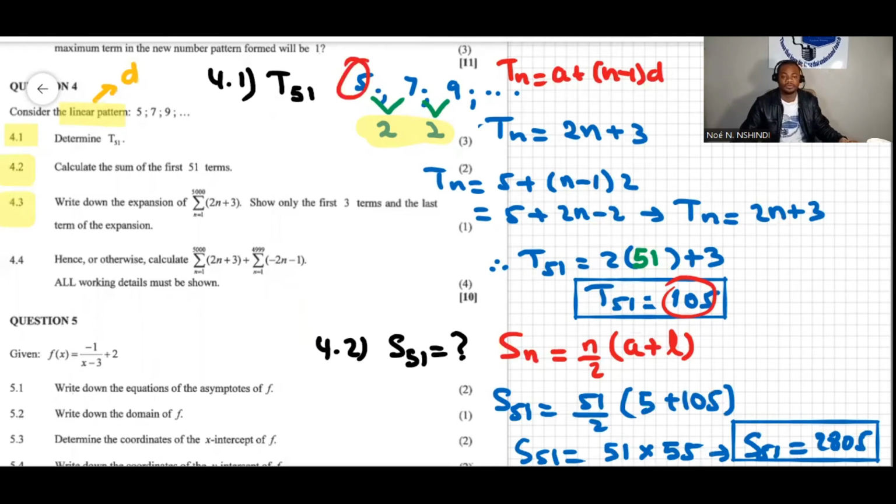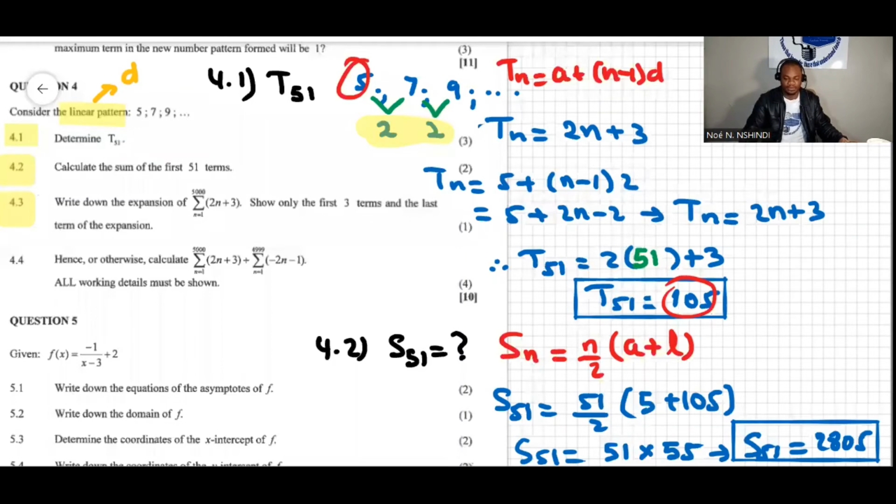Now, question 4.3. The question says, write down the expansion of the sum of 2n plus 3, starting from n equals 1 to 5,000. Show only the first 3 terms and the last term of the expansion.